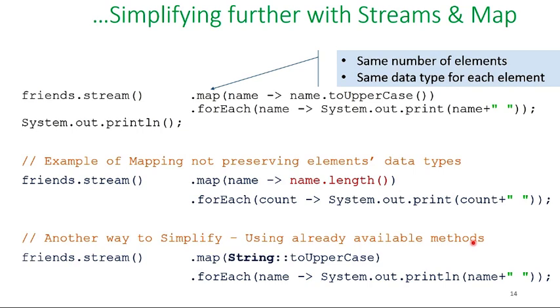So this notation can do that as well. It doesn't have to be a static method accepting a single parameter. It can be an instance method accepting no parameters, in which case Java is going to be smart enough via parameter routing to determine that whatever string object I'm looking at in the map, I need to call toUpperCase on it. So it becomes the target of the call to the toUpperCase method.